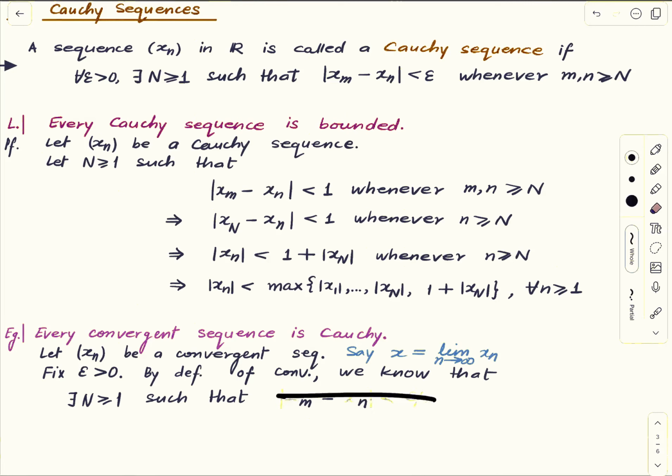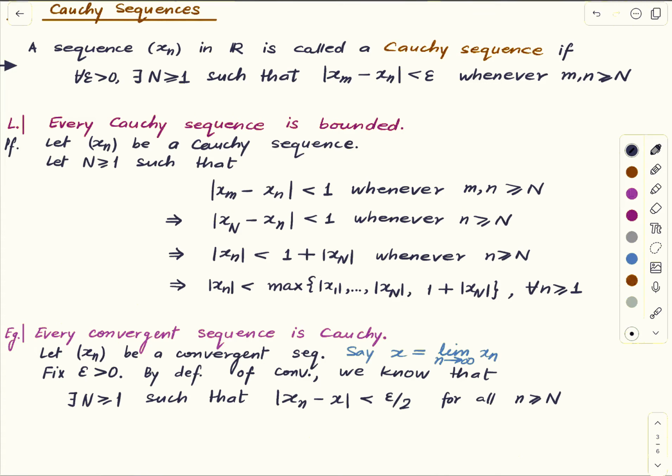Sorry, what am I writing? Xn minus x in the absolute value is less than epsilon by 2 for all little n at least capital N. Right? Convergence immediately gives us this. Okay.